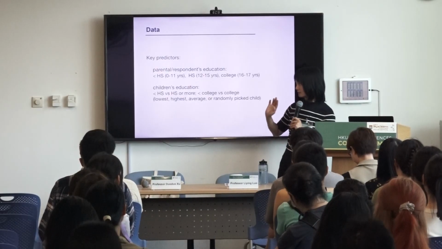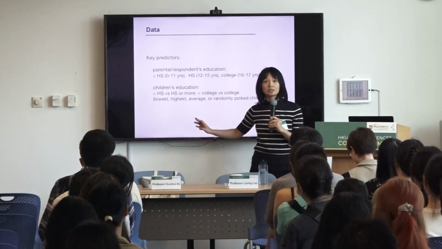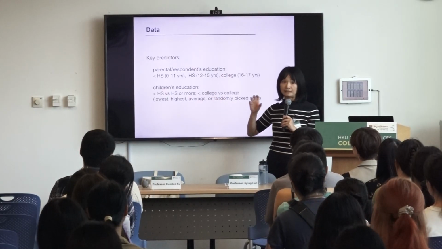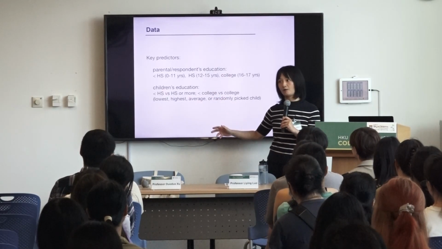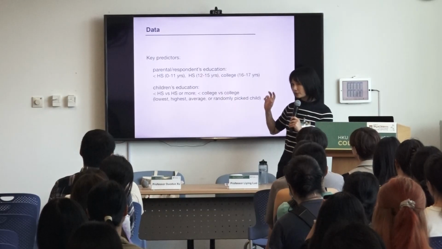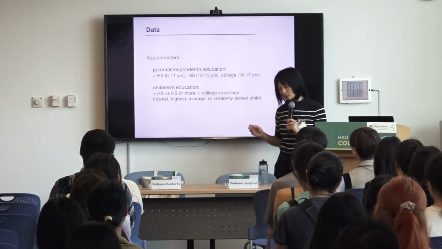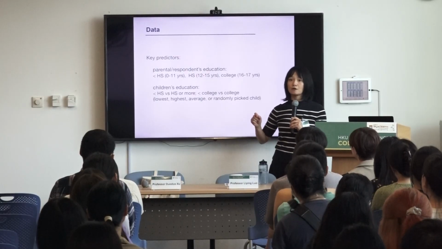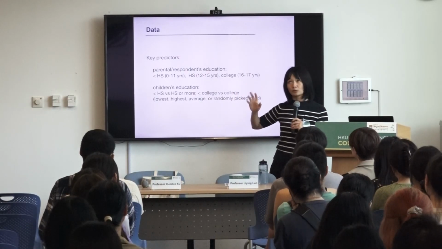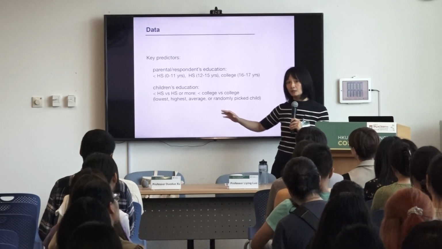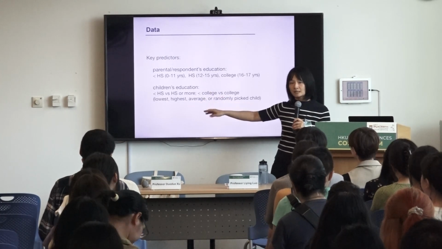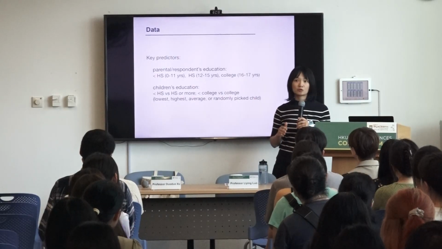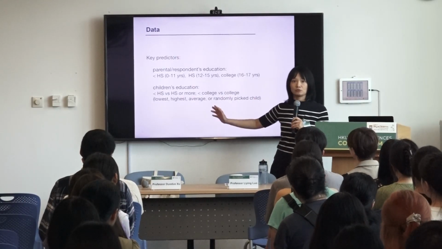In the main analysis that you will see, we use the child's education based on the least educated child among all. This strategy allows us to avoid the potential ceiling effect of using the maximum or highest educated child, because for the HRS respondents, over 98% of the respondents' most educated children completed high school education.